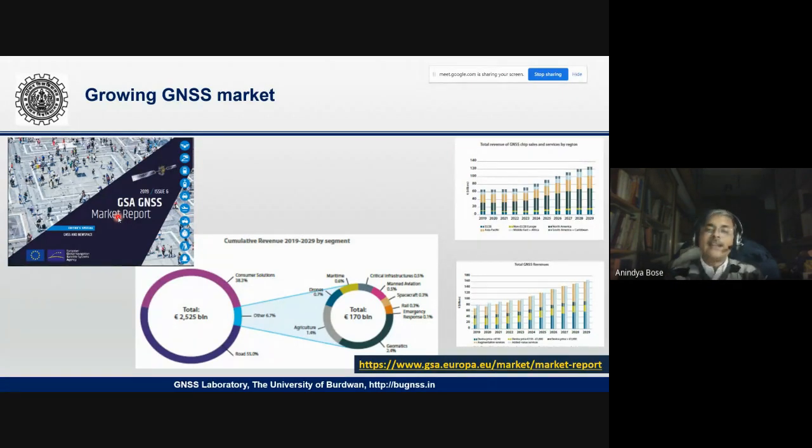On the other hand, it tells us that it has got immense potential. That's why the market projection is like that. But interestingly, you can see the people from the geomatics have 2.4% of the 170 billion market. Unfortunately, in our country, this particular technology is not that explored.